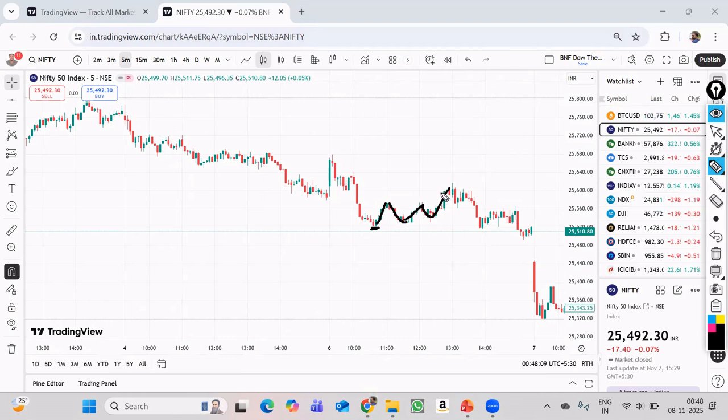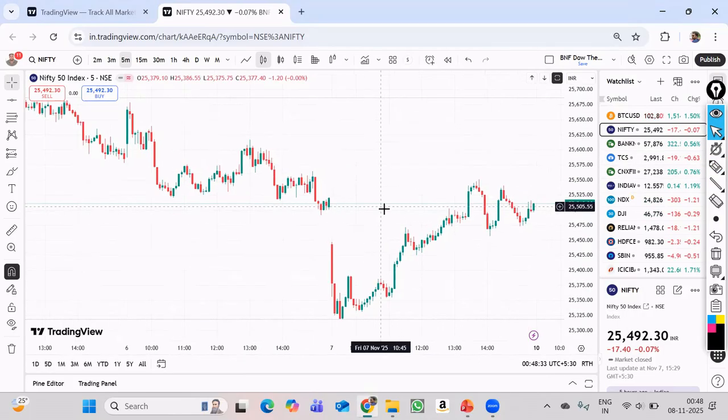Okay, and this reversal, then it went up and then it came down. So unnecessarily you would have given an SL here, and especially if you're an option buyer. So to avoid these things, you must keep these swings in mind, the correction phases in mind, and the chances of making mistakes will be very less.